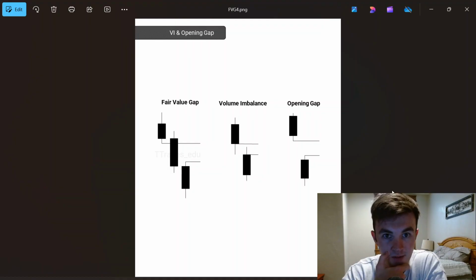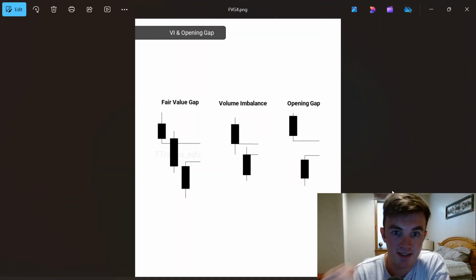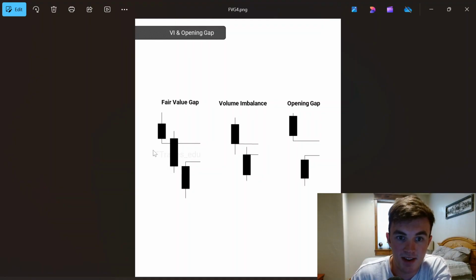There's other forms of imbalances. There's not just fair value gaps, which we talked about, but there's also volume imbalances, which represents this gap in between candle bodies, and then opening gaps where the candles are not even touching at all, where there's a full empty area in between the two.